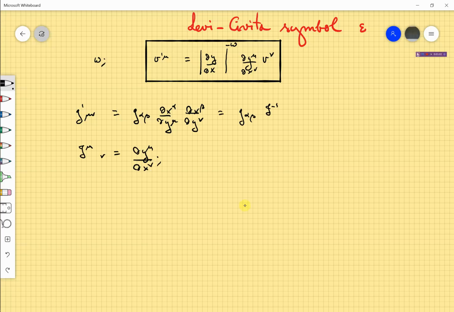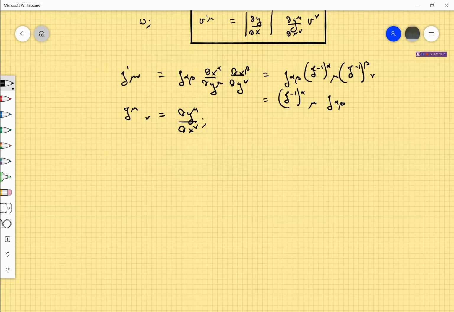It is J minus 1 alpha mu and J minus 1 beta nu. Now, if I want to rewrite this in matrix language, I reorder these factors in this way. First I write J minus 1 alpha mu, then g alpha beta, and then J minus 1 beta nu.